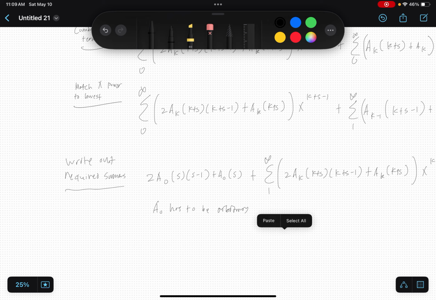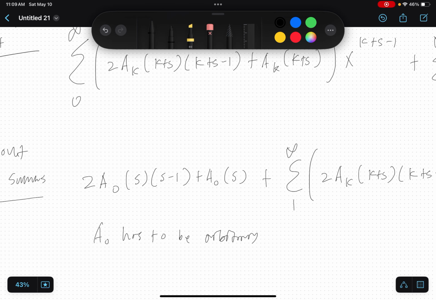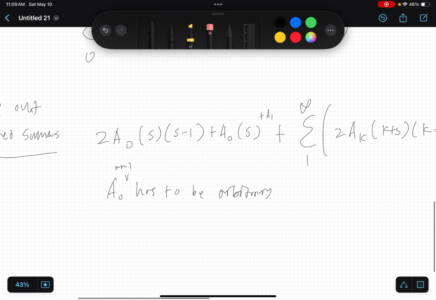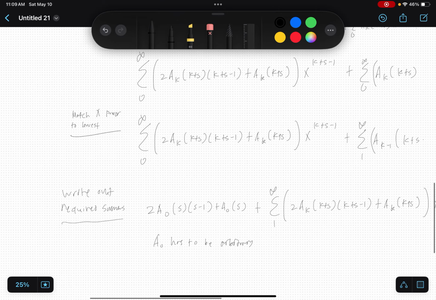If we had multiple a's, like if we had a0 in here plus a1, then we would have to say a0 and a1 have to be arbitrary. We would say that both of them have to be arbitrary. But since we only have a0, then we're good.